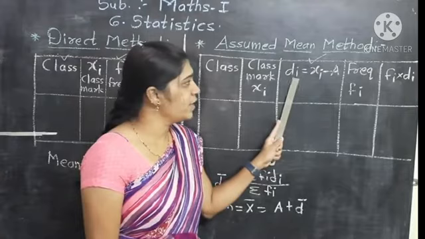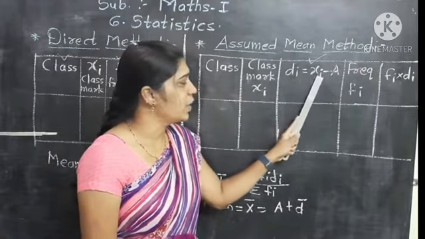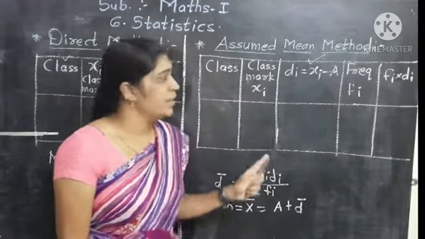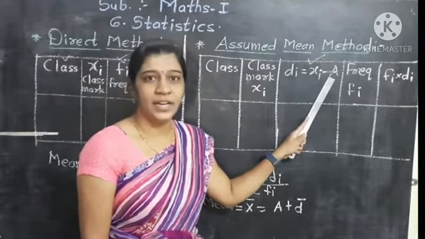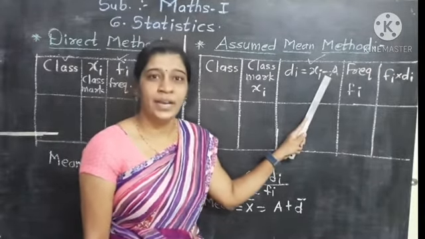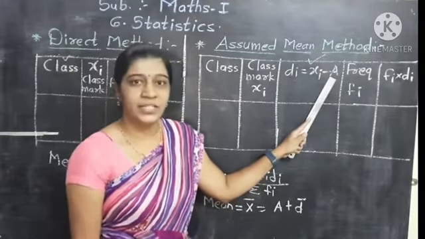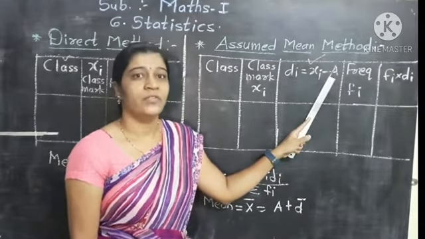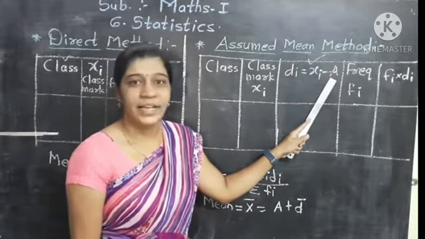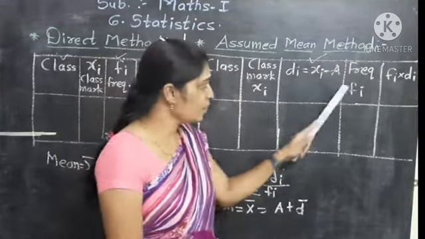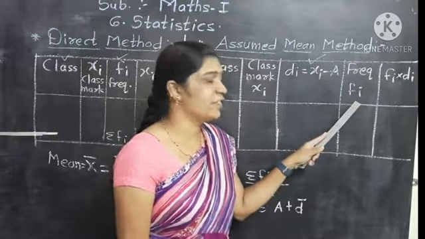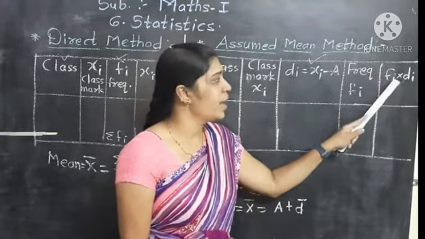Then the third column here is di is equal to xi minus a. Here a means the assumed mean. We are going to assume the mean. Do you remember this term? A is the assumed mean, which is taken from the class with the highest frequency. Then the next column is frequency, which is given in the example.